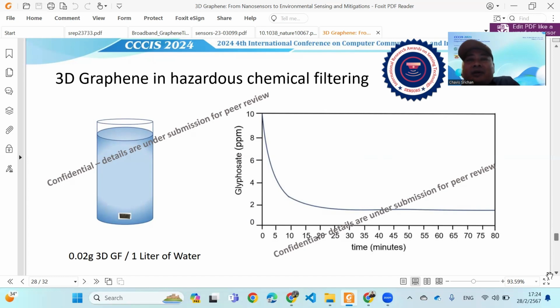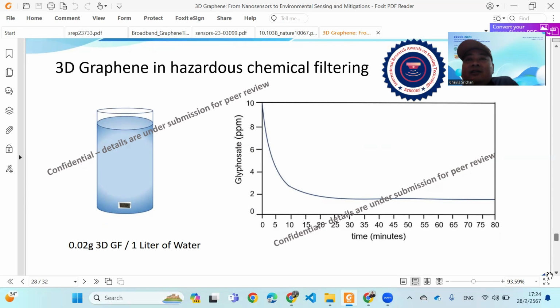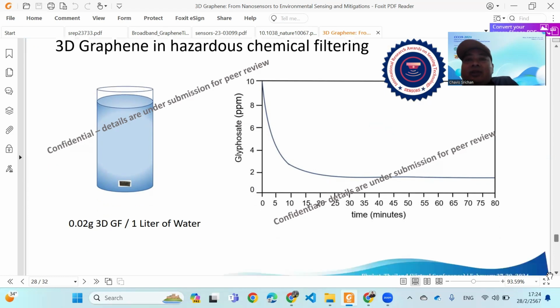It could also filter out heavy metals, but under other conditions. So it can not only be a sensor, it can also be used to treat the water. The utilization of this material is very good.